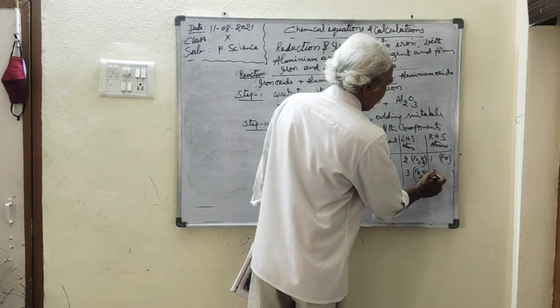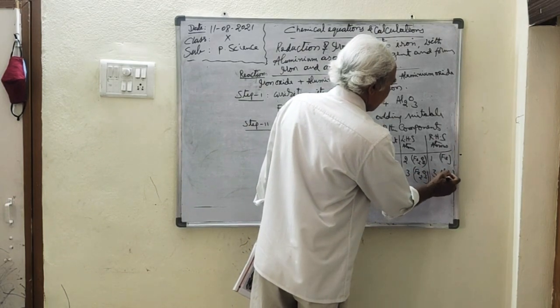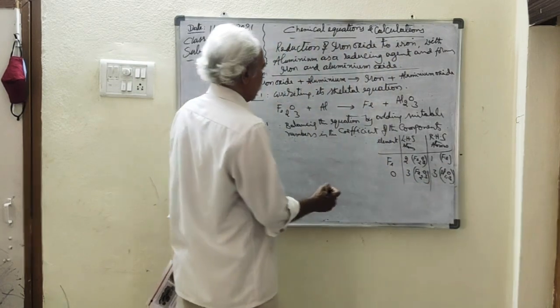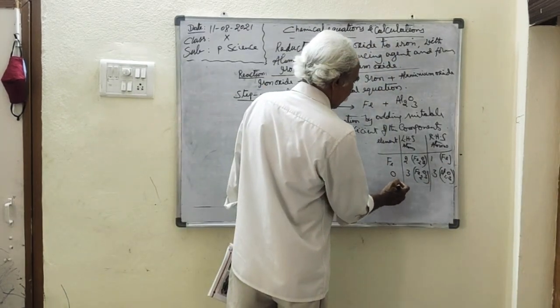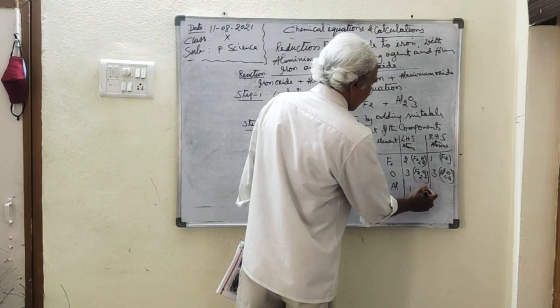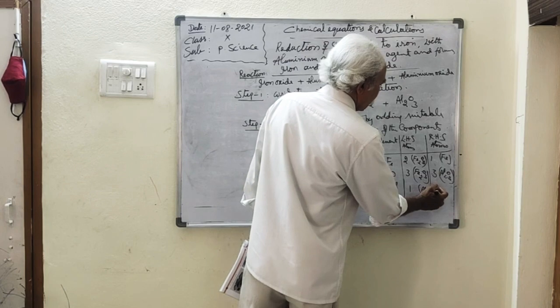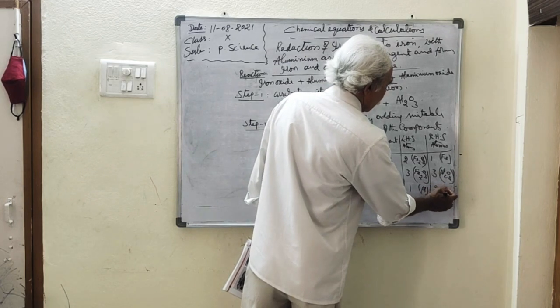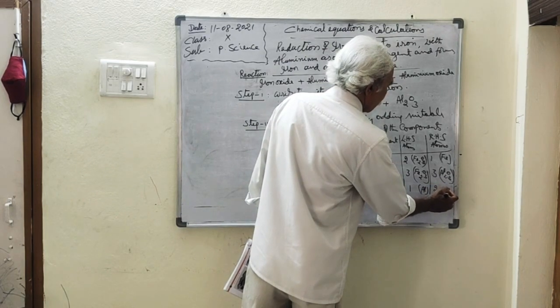Here is 3 atoms, Al2O3. Oxygen atoms are almost equal. Next, aluminum atoms. Here is a 1 from Al. Here 2 from Al2O3.